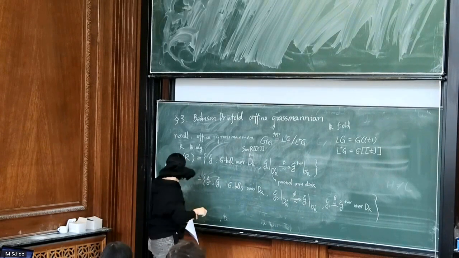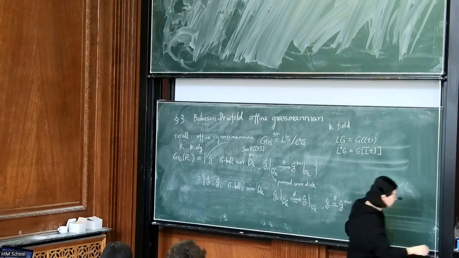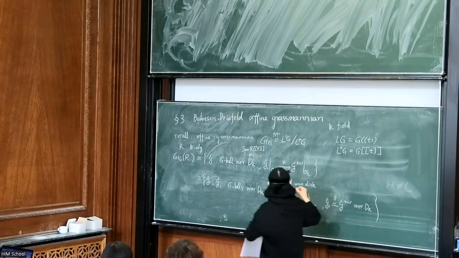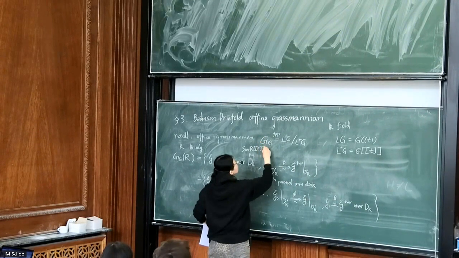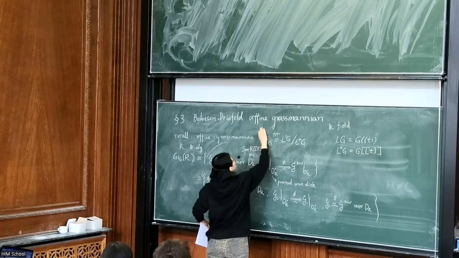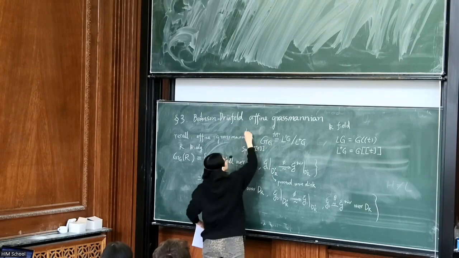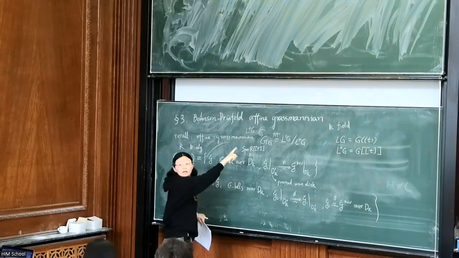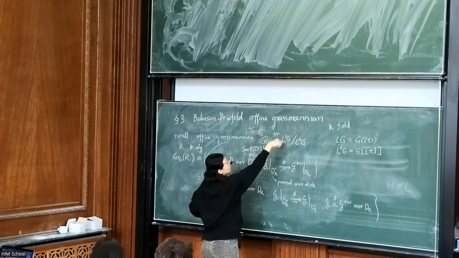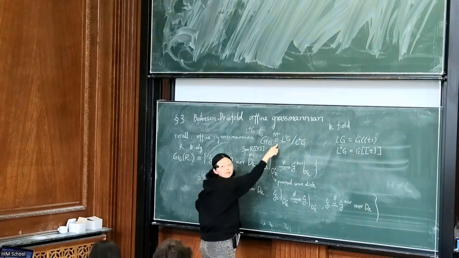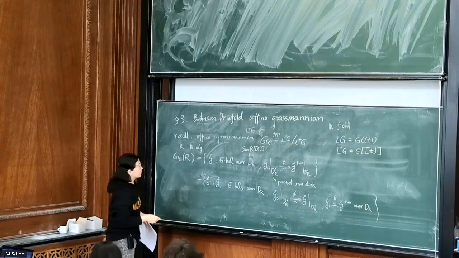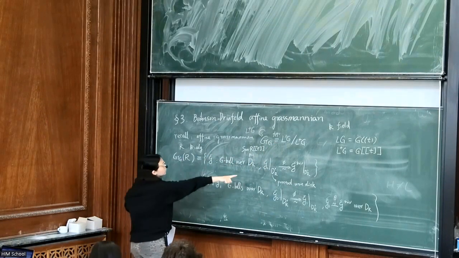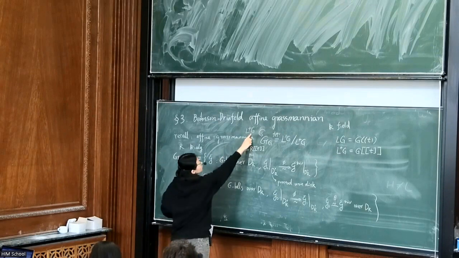And yesterday we saw that the positive loop group acts on the affine Grassmannian by translation from the left.